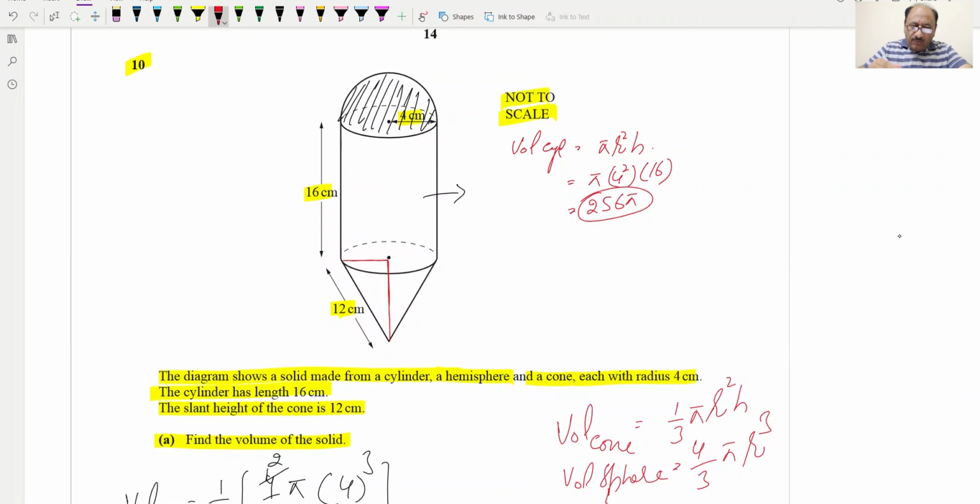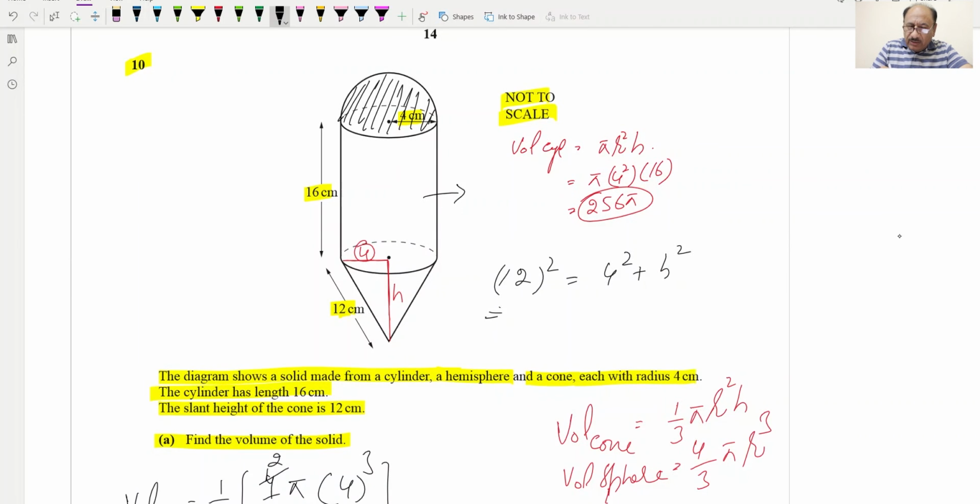So we can find this side is 4, this radius is 4, so we can find this h value. So h will be equal to, by Pythagoras theorem, 12 squared is equal to 4 squared plus h squared.